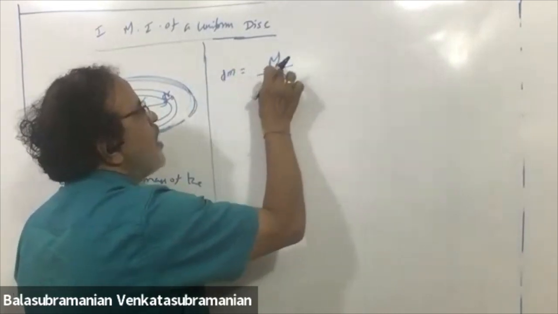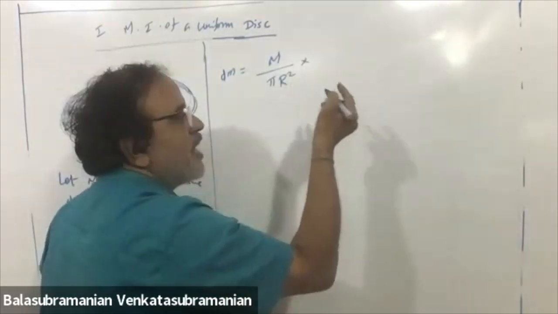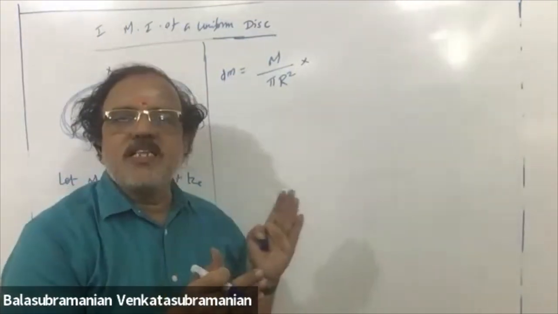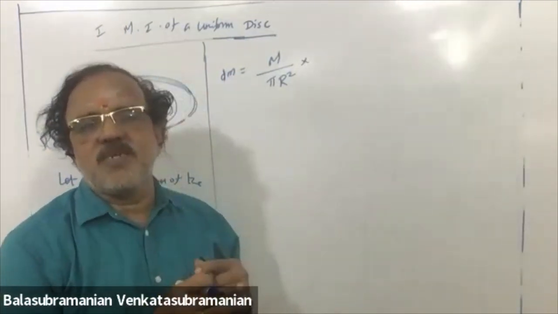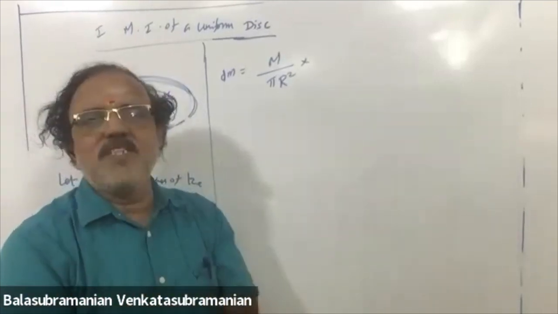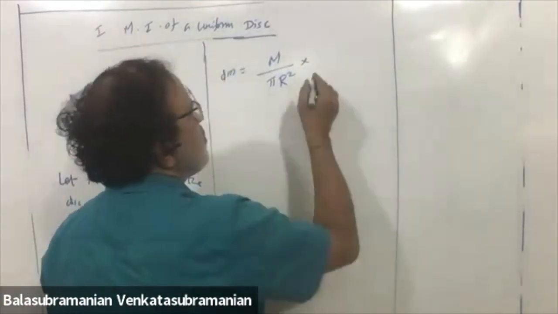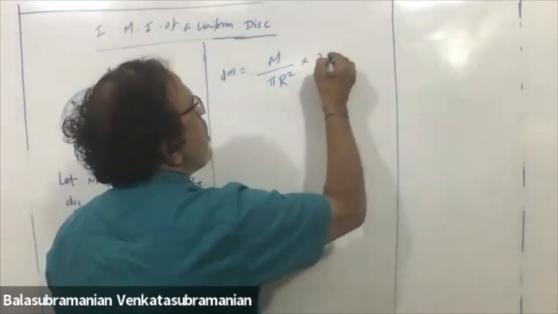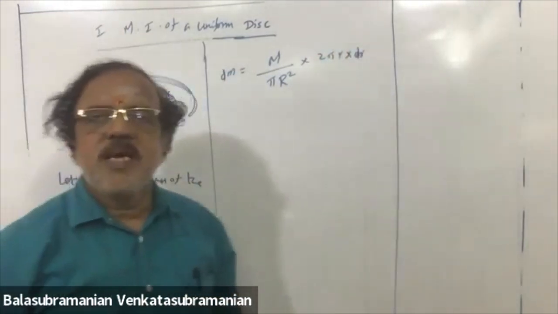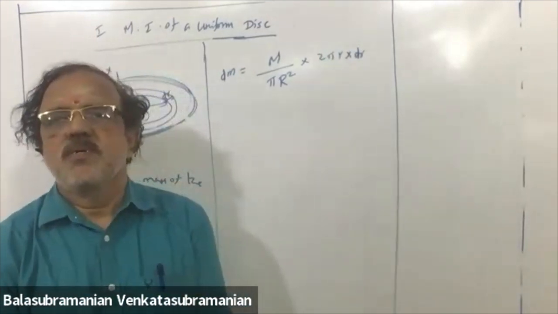Here we have mass by area, so I have to multiply by area, otherwise an inequality will arise. Left hand side is mass, so right hand side should also have the unit of mass. What is the value? 2 pi r into dr, the area of that small portion.